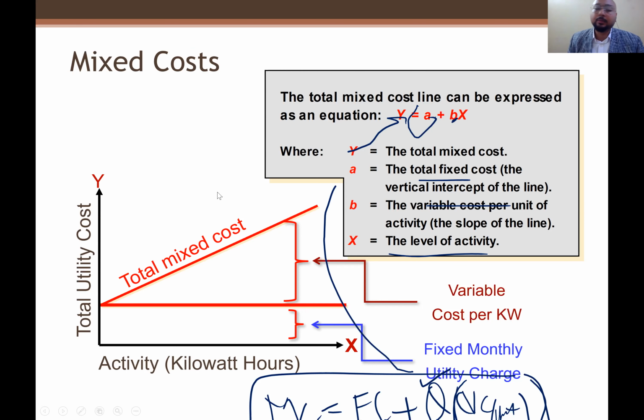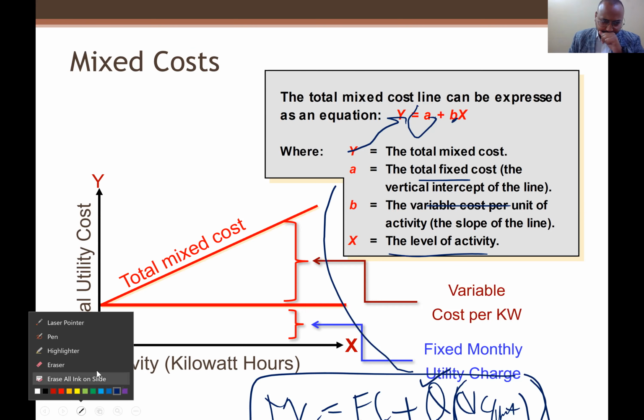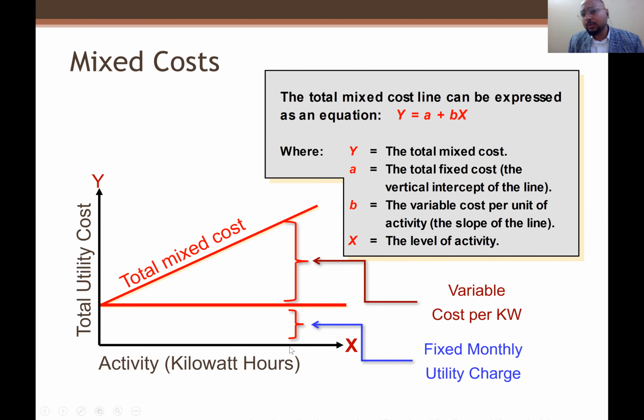You can easily find out, or you can extrapolate. You can also use equation reshuffling, left hand side or right hand side, to find out the variable cost. You can find out the fixed cost. You can find out the total mixed cost as well, right?